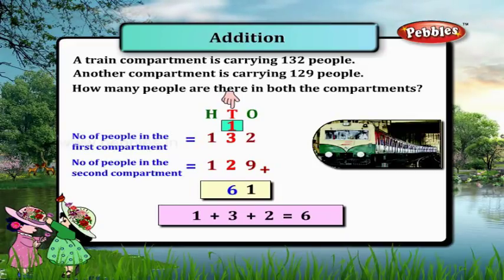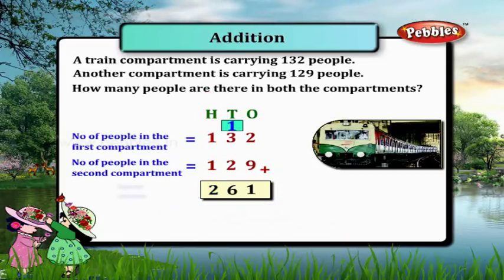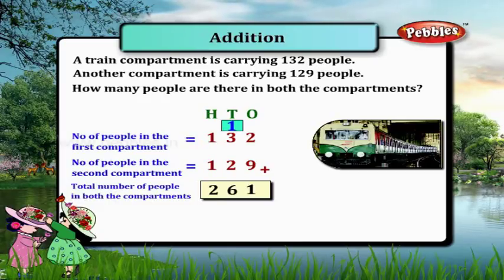Write 6 in the tens column. Now add the hundreds. 1 plus 1 is equal to 2. So write 2 in the hundreds column. So total number of people in both the compartments is equal to 261.